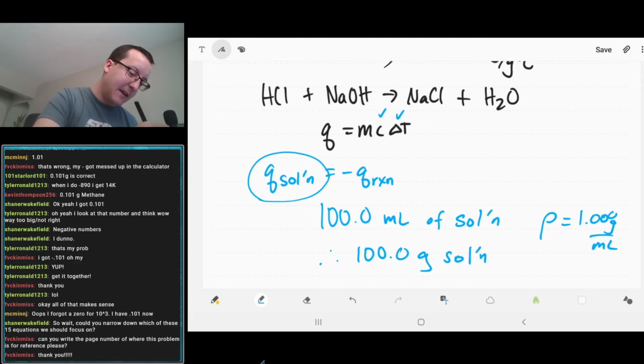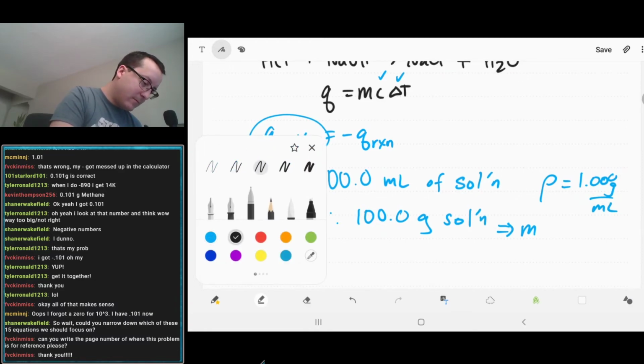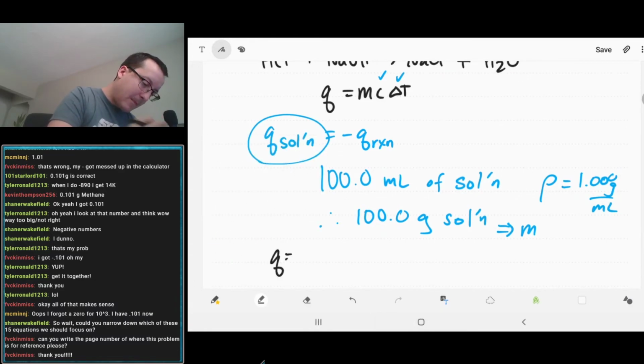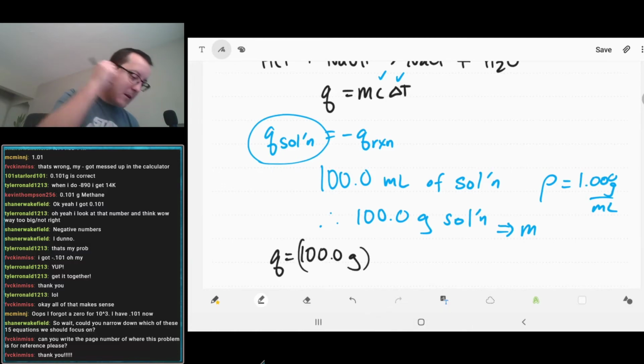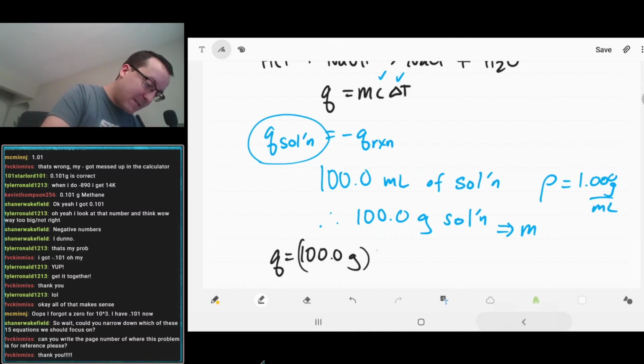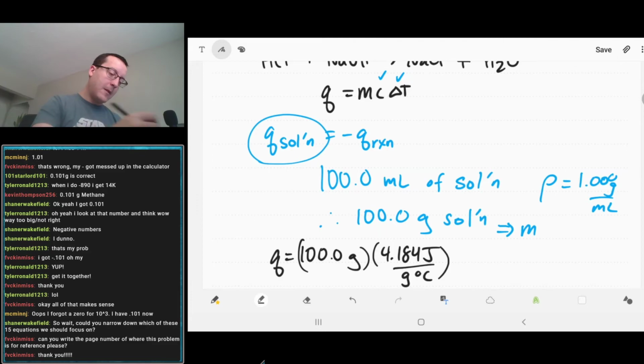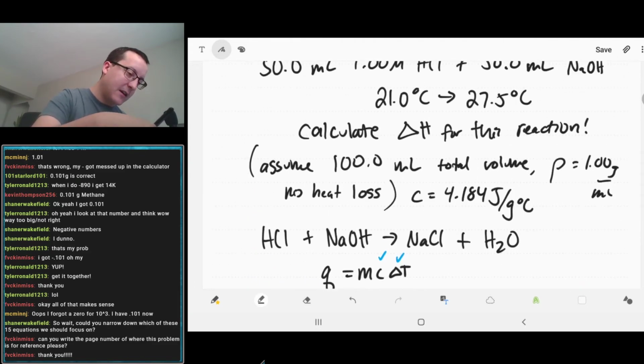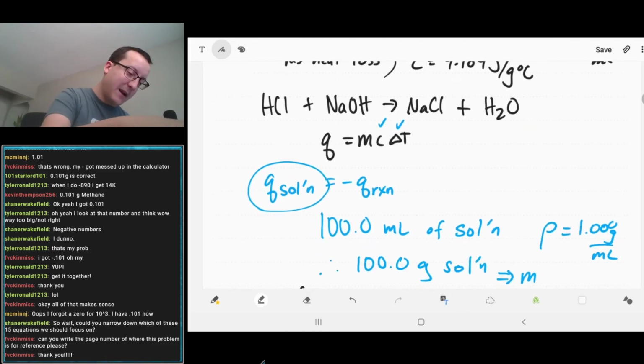So that's going to be the M we use. So we're finding out the heat for the solution because that will also tell us the heat for the reaction. C is given to us. And delta T, it looks like we have 27.5 minus 21.